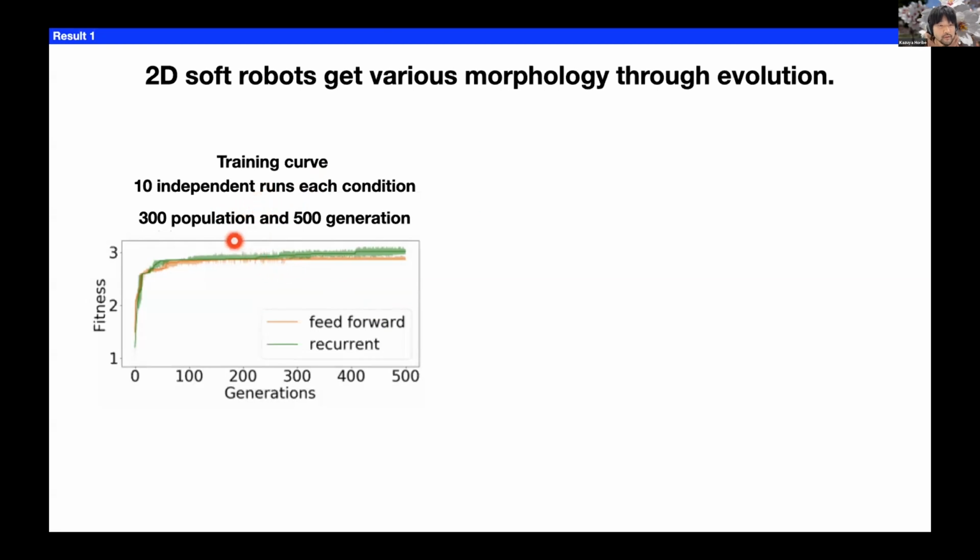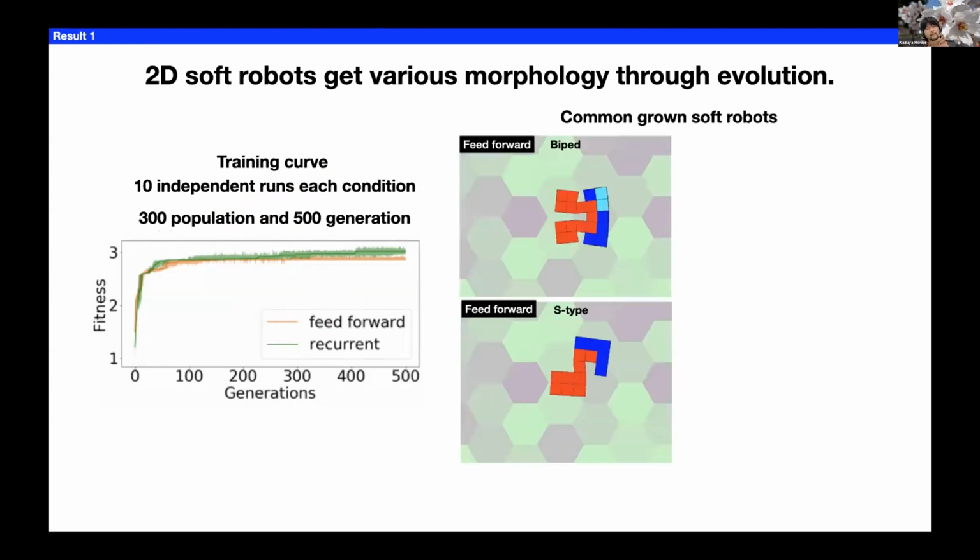We use a population of 300 and 500 generations. Almost all the training was successful, and we get some common grown soft robots. These are from the feed-forward network, like the biped and the S-type.